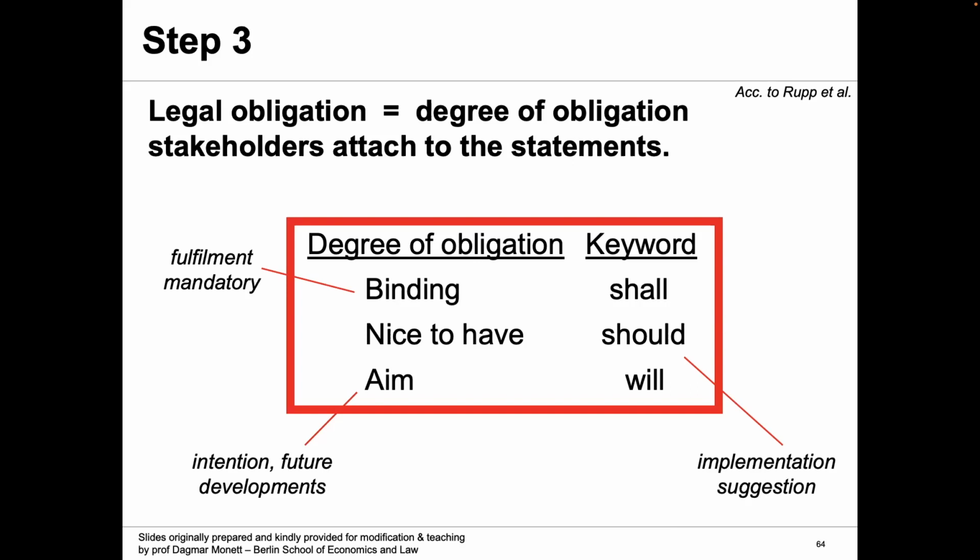And the next keyword that we're using here is will. The modal verb is will. So will basically denotes a future functionality. If you read here, it says the degree of obligation for the keyword will is the aim of the system, the intention or the future developments.